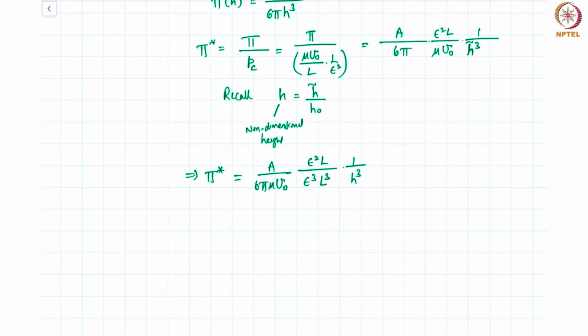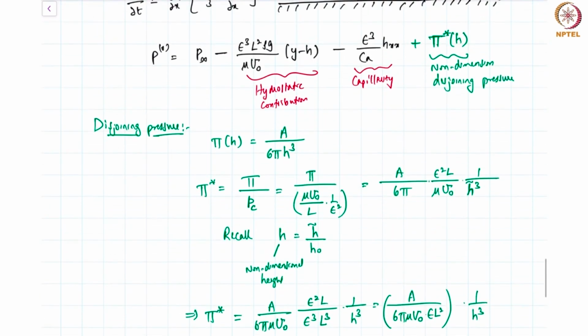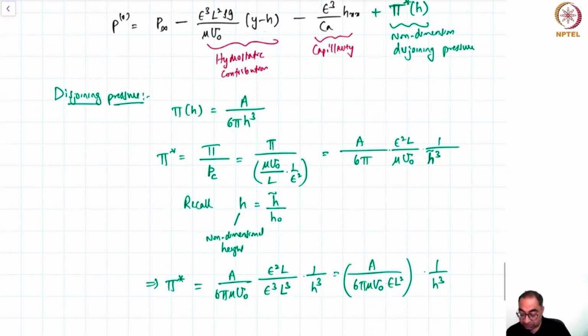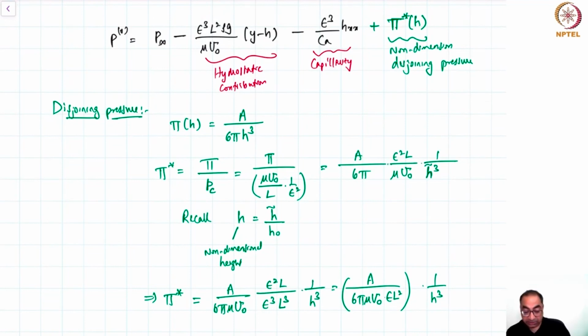This essentially becomes A by 6 pi mu u naught times epsilon L square times 1 by h cube. This pressure can directly go into our equations. This is a more convenient way for our analysis because we've derived a simple expression for the pressure, and all I need to do now is incorporate this van der Waals disjoining pressure into my equations, and this will basically contribute to the rupture.